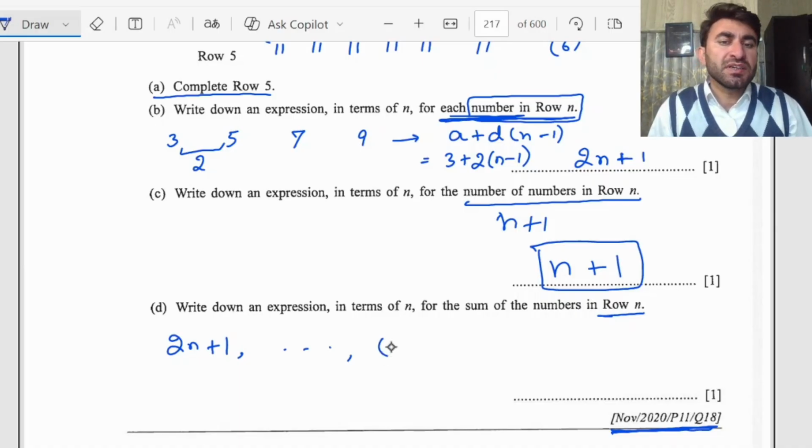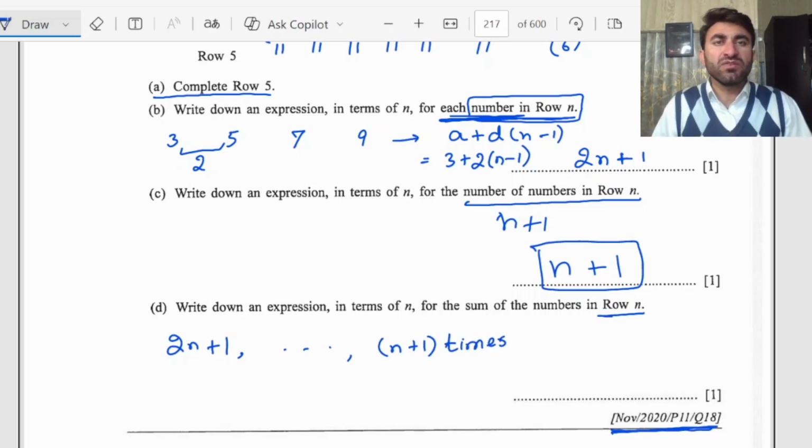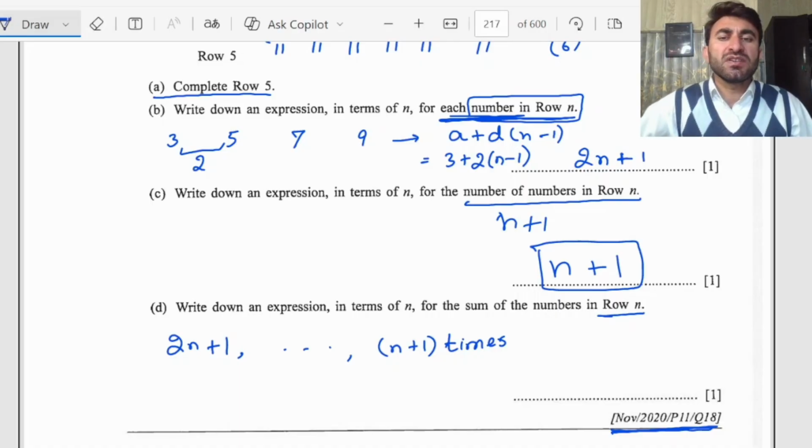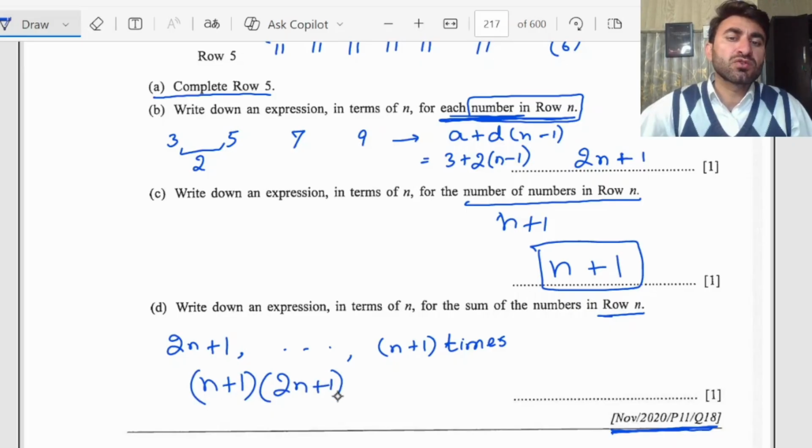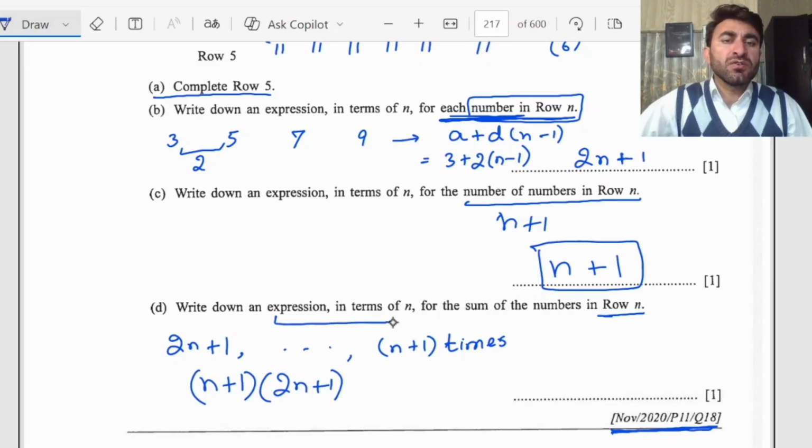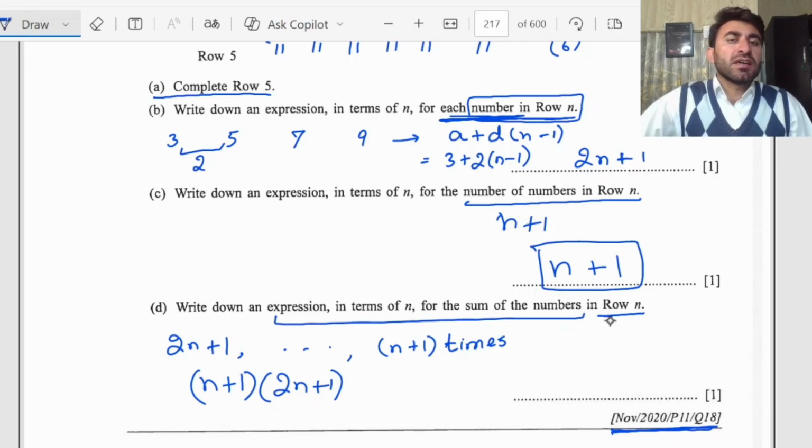When we add these numbers, we multiply n plus 1 times 2n plus 1. That becomes the expression for the sum of numbers in row n. We can expand it as well, but because it is worth 1 mark only, we can keep it as it is. So these were two questions.